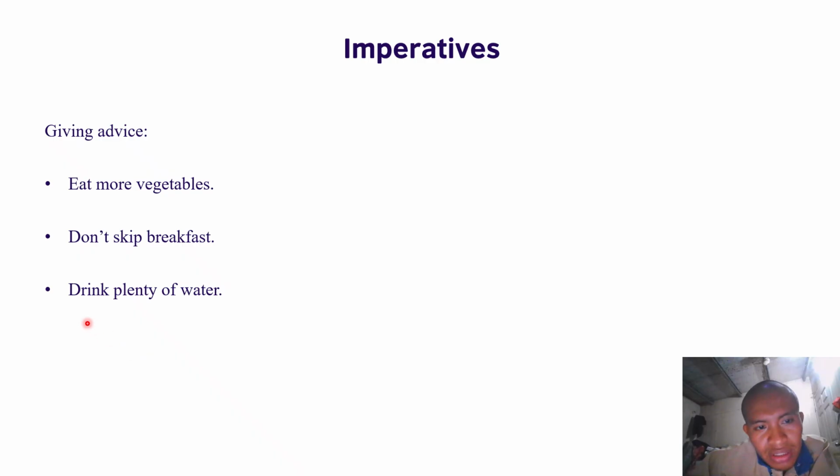Drink plenty of water. So this is an order, a healthy order. You have to follow it sometimes when you are receiving advice from doctors or counselors. You have to follow these instructions. Or when you are cooking, or when you are about to cook.